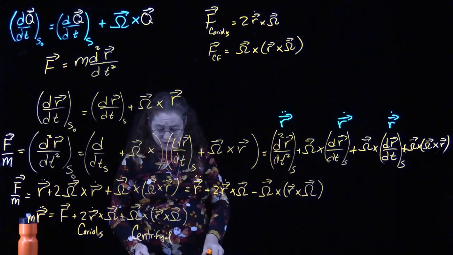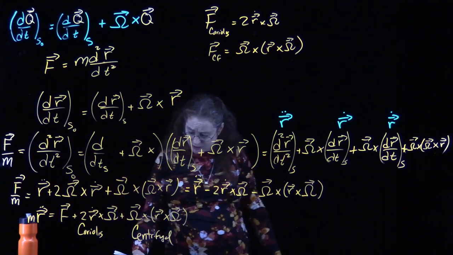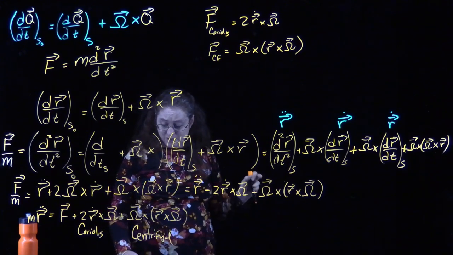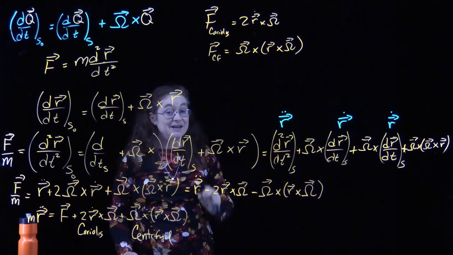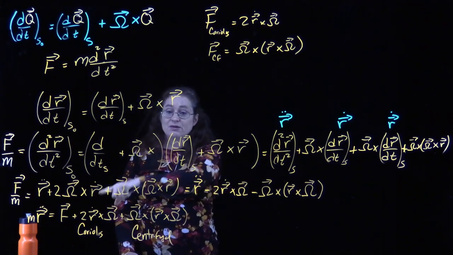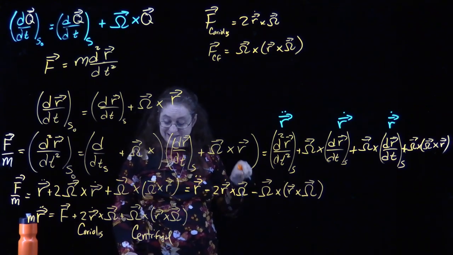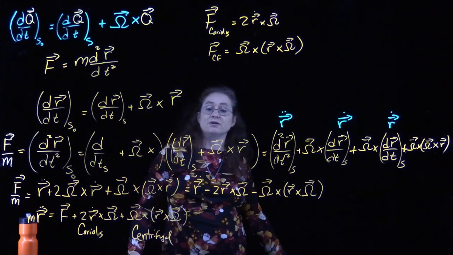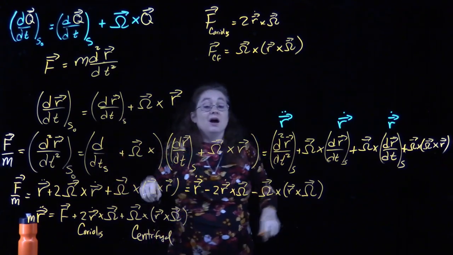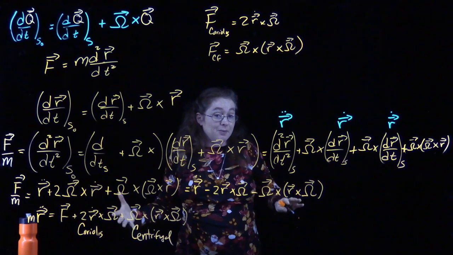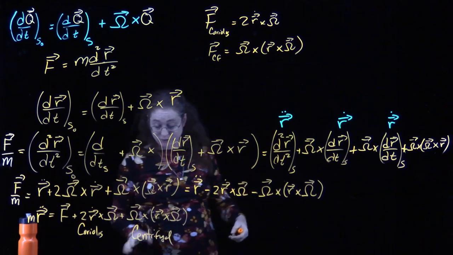And here, this is from a few sections later, but I think it is worth quoting verbatim. Both the Coriolis and the centrifugal forces are at root kinematic effects. That is, they are kinematic effects resulting from an insistence on using a rotating frame of reference. That is, the Coriolis force and the centrifugal force come up because we're using the Earth as a frame of reference as opposed to using an inertial frame of reference.